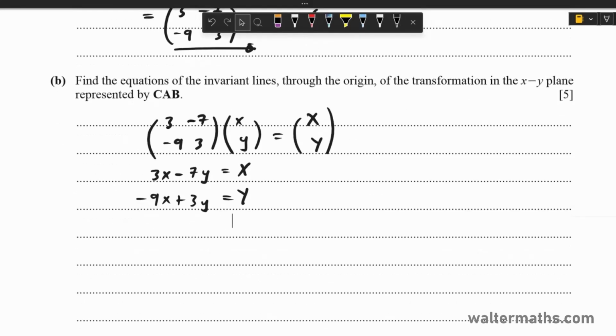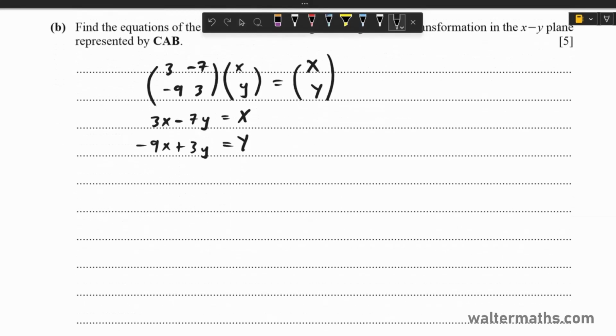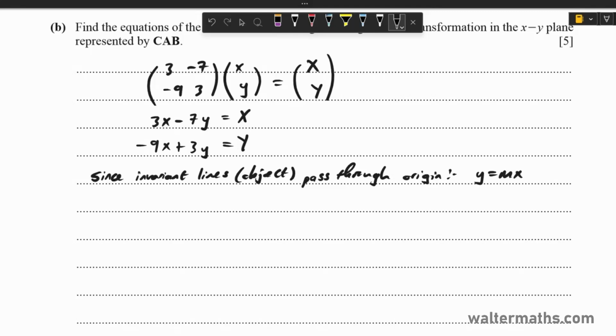Now we are saying that since we are talking about the invariant lines on the object that pass through the origin, then it means that they take the form y is equal to mx, which means for small y we are going to substitute that by mx in the equations above.